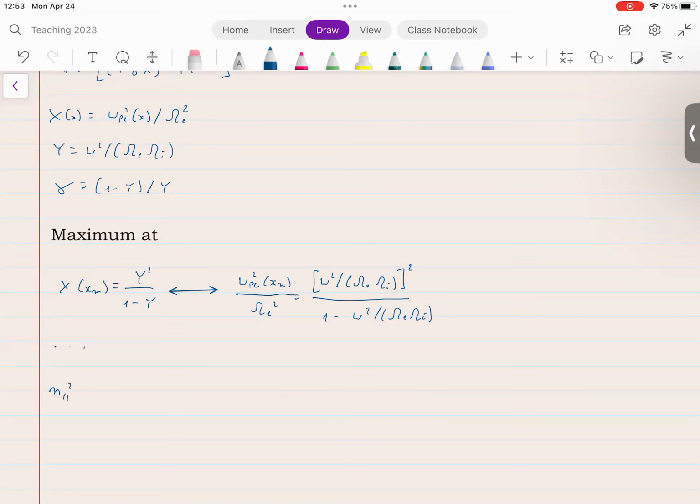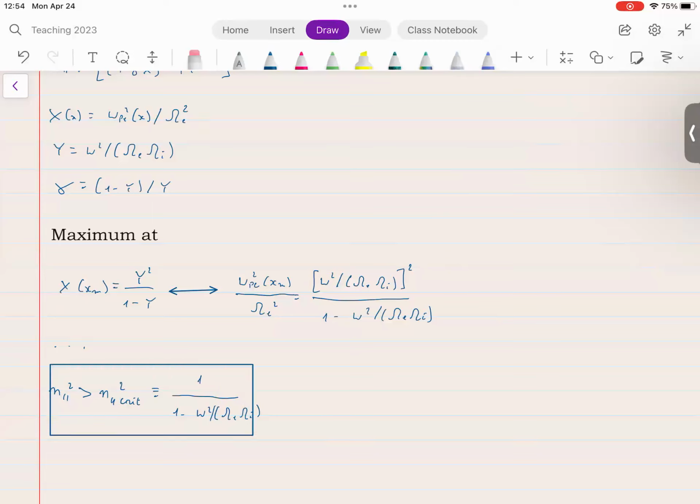N parallel square must be larger than n not m, some critical value of n parallel, which is equal, if you untangle the math, to 1 over 1 minus omega squared over omega e omega I. Okay, so that's actually what we wanted to find, a condition for n parallel.